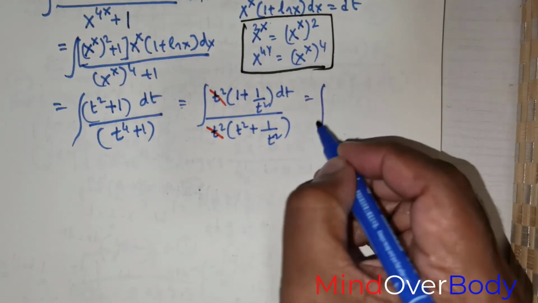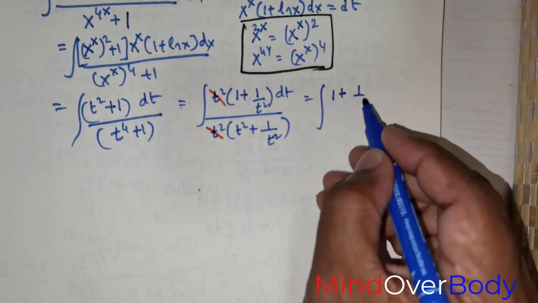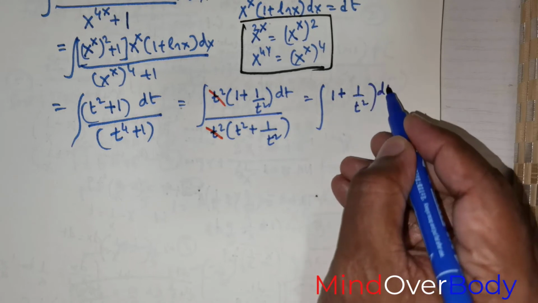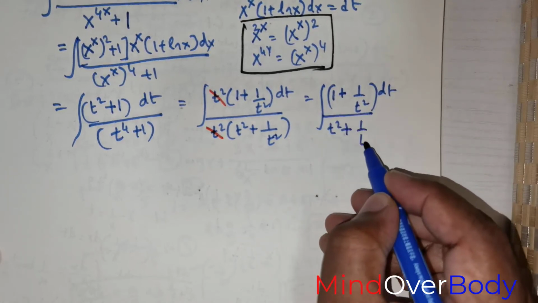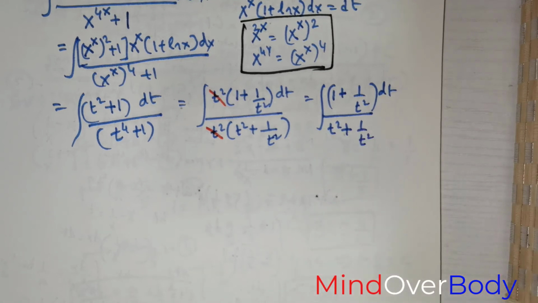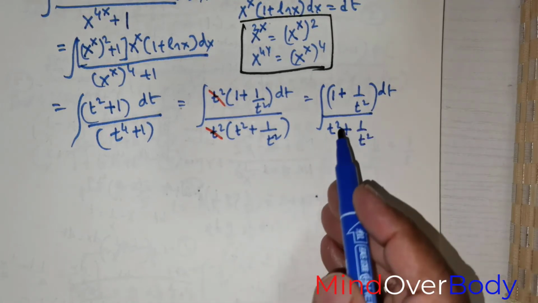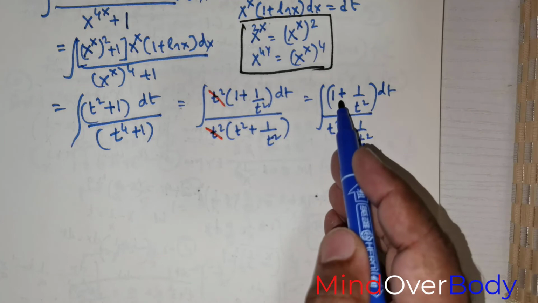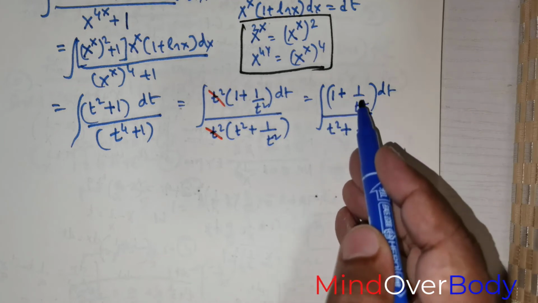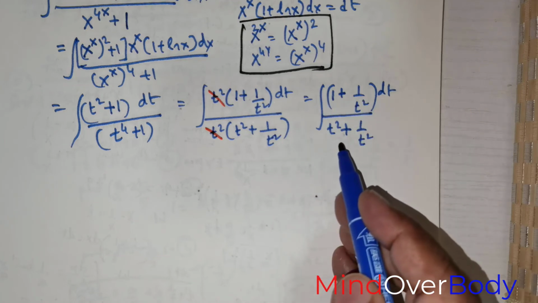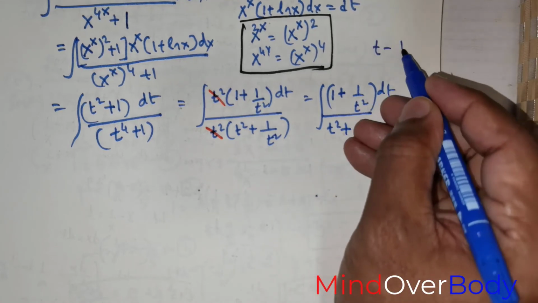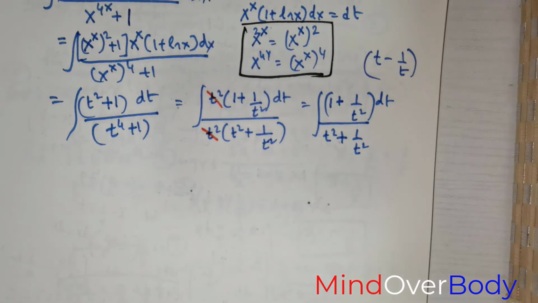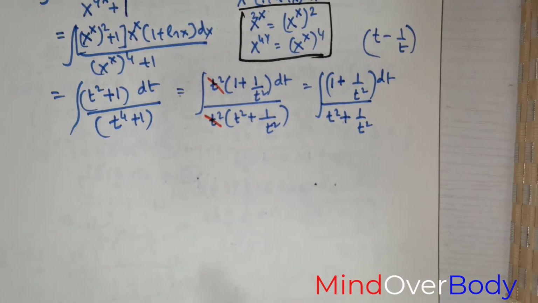Now I've got a quantity in the numerator which is 1 positive 1 over t squared times dt divided by denominator t squared positive 1 over t squared. Now in the cases which I've studied, if you were to have a numerator which features 1 positive 1 over t squared, then you will have to rewrite the denominator using t negative 1 over t, right?